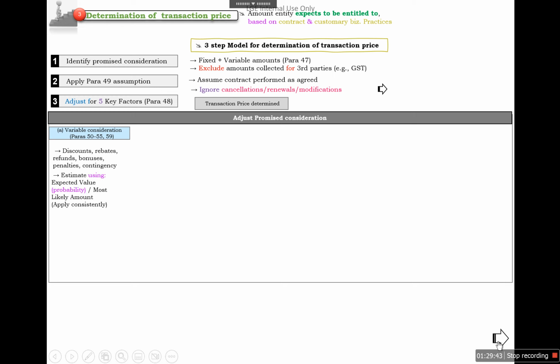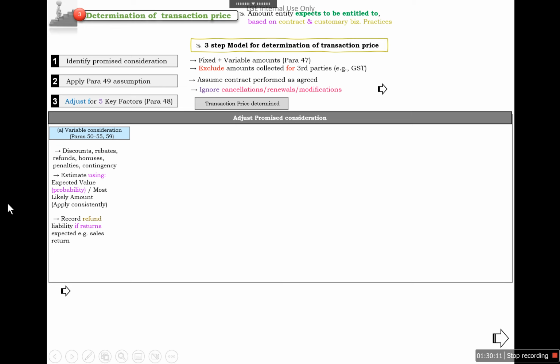We need to estimate these by expected value, probability, or most likely amount, and we need to apply these concepts consistently. And we need to record a refund liability if a refund is expected. As we discussed in the case of the car transaction, we need to book at the total value and recognize a return liability.